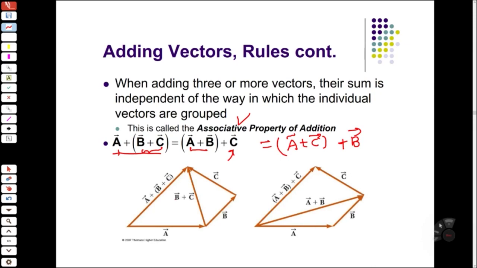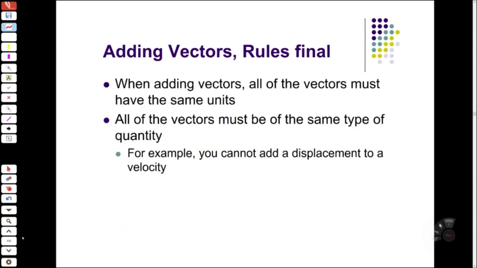Here is a graphical representation. Here you first add B plus C, which is this one, or you can add A plus B first and then C, and this vector and this vector are the same. That is called associative.